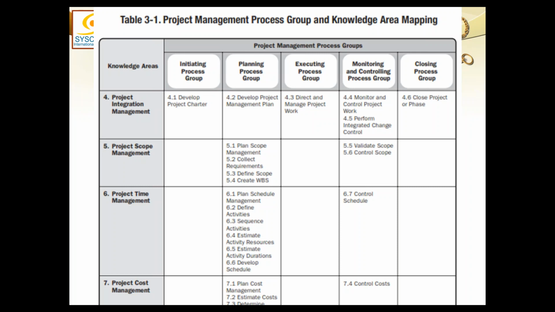Every knowledge area will look at it from its own perspective. Scope will look at it from the scope perspective. It will check what scope was to be completed by this time and how much has been completed. What is the difference? That difference is the variance.